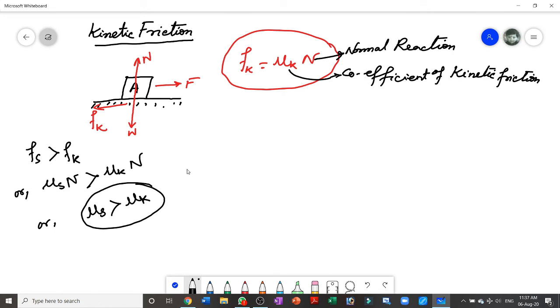So the coefficient of static friction is always greater than the coefficient of kinetic friction.